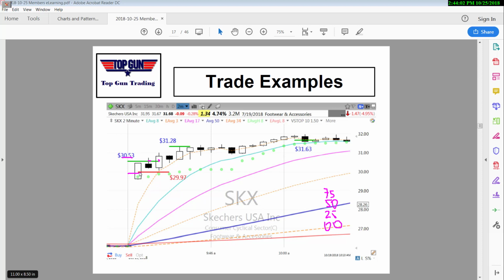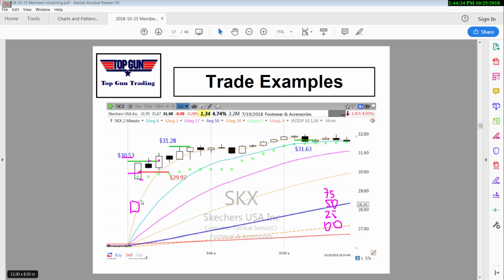Even if you didn't drill down to a 1-minute candle or you kept it on a 2, would something like this $30 level, $29.97, about 50 to 55 cents, would that be okay? Why would that be a stop? Why would I not put it underneath this other candle? Well, let me draw up a hypothetical.